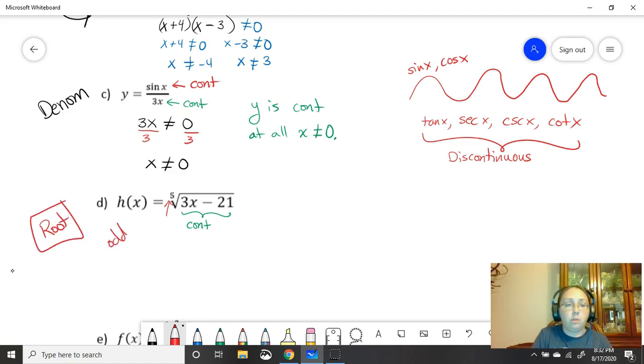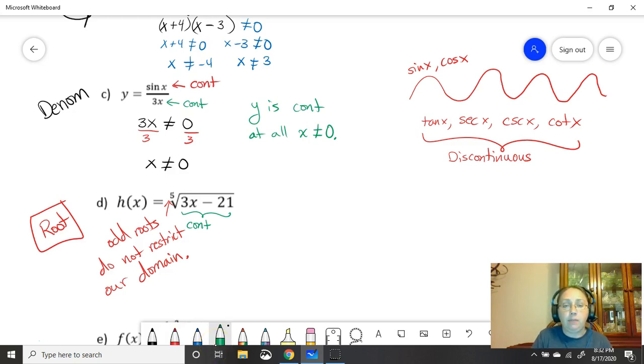Odd roots do not restrict our domain. So a root does not actually cause a discontinuity so much as simply restricts where you can be continuous, because it restricts what x values can actually be plugged in.